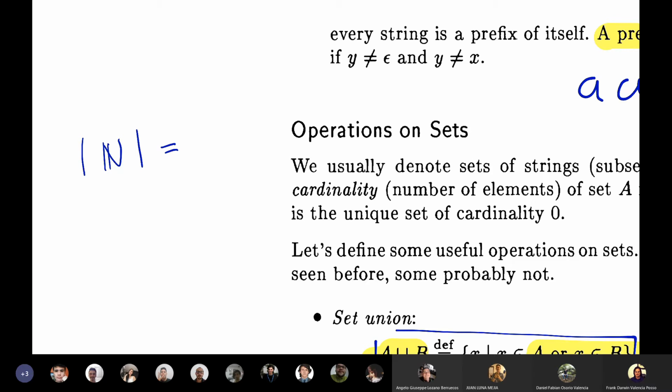So is the cardinality of the natural numbers equal to the cardinality of the integers? Is this the same?